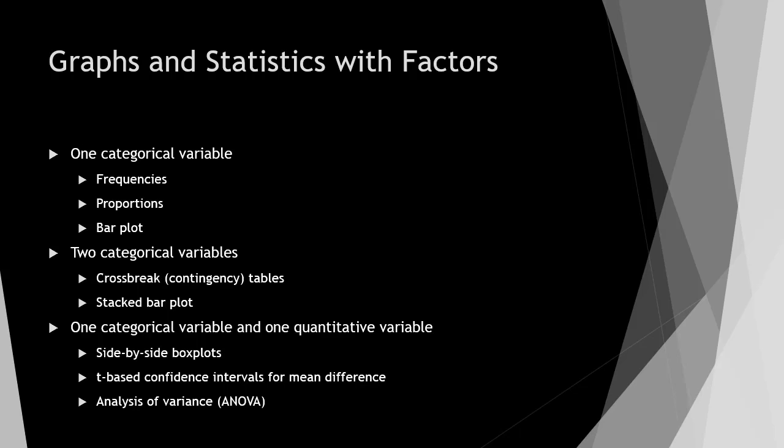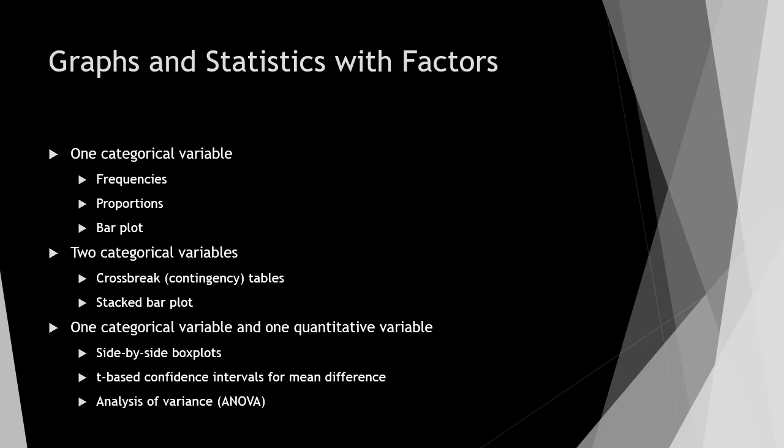And then you can have one categorical variable and one quantitative variable. We can look at side-by-side box plots of the quantitative variable, where the separation of box plots is created by our factor, our categorical variable.